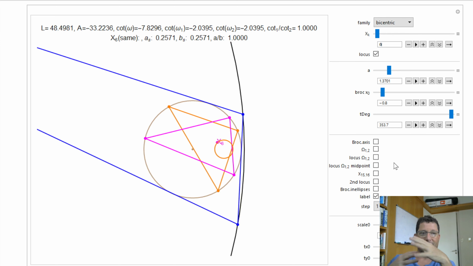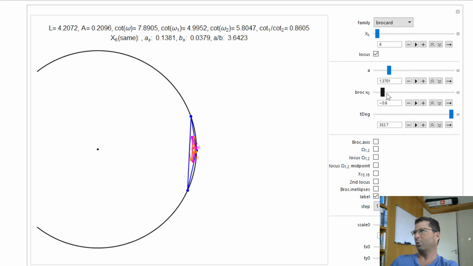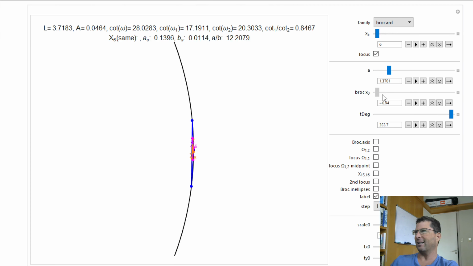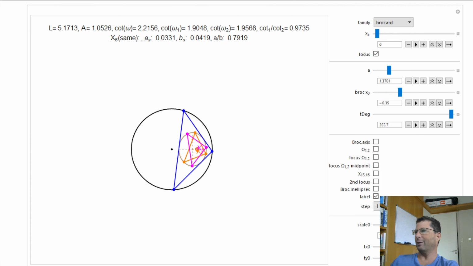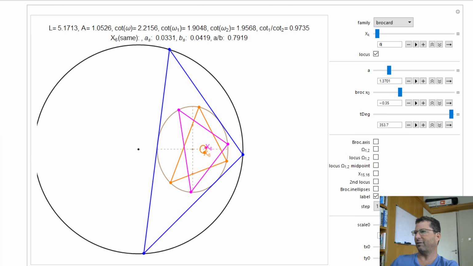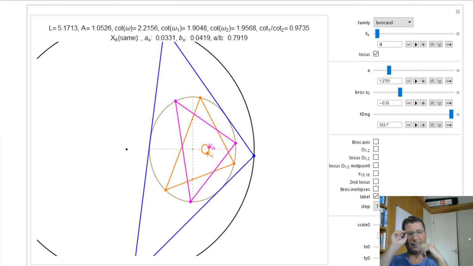Then you have another set of results concerning the bicentric pair, and you also get a shared x6. You get shared Brocardine ellipses as in the encircle case, and now x6 is going to be describing a circular locus. And then finally, when the family is controlled by a Brocard porism, and this one is too exaggerated, let's make it less eccentric by bringing this guy here, then you get a new set of phenomena: several of these triangle centers are no longer shared, but they're now riding the same elliptic locus, even though they're not shared.